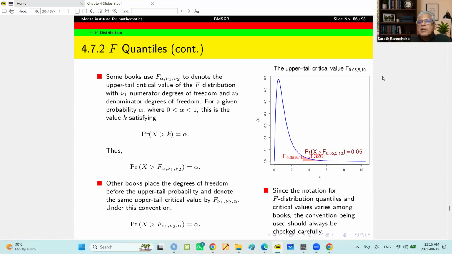Again, like in the chi-square and T distributions, quantiles are very important. But as I mentioned in the other distributions, their notations are different in different books written by different authors, right?